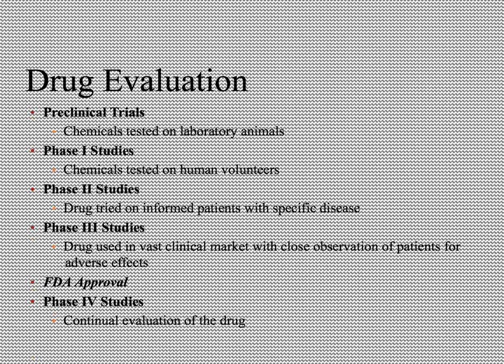In phase 2 studies, the drug is tried on informed patients with a specific disease, and their response is compared to healthy subjects. In phase 3 studies, the drug is used in vast clinical markets with close observation of patients for adverse effects.